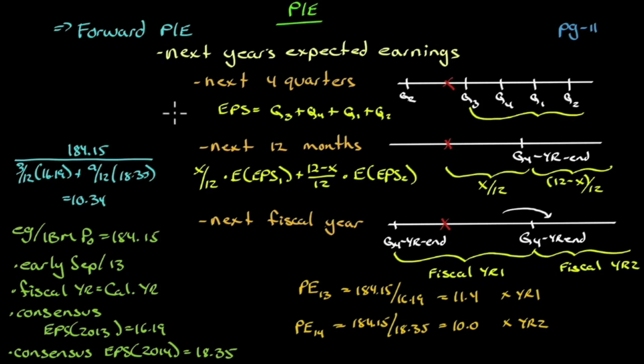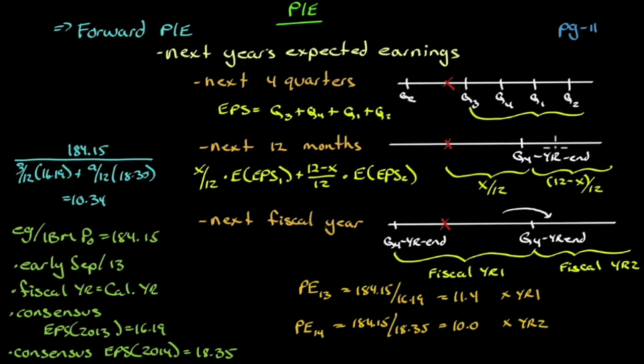Now, why would you choose one over another? You'd have to have some logical justification for doing that. There might be some justification for saying, well, the next 4 quarters make sense based on where we're standing. There's nothing different about the next 4 quarters. You might say, well, it's seasonal and a large quarter just passed, so let me just take the next 12 months to make sure I get a full season.